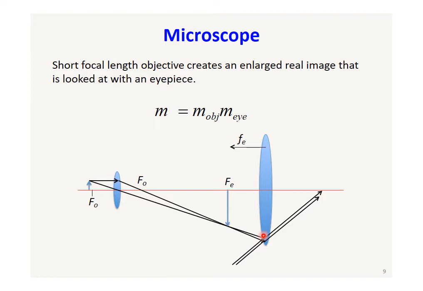The magnification of the total system is the product of the transverse magnification of the objective, that is, how much this intermediate image is larger than the original object, M object here, and the angular magnification of the eyepiece, which as we know is 250 mm divided by the focal length of the eyepiece.